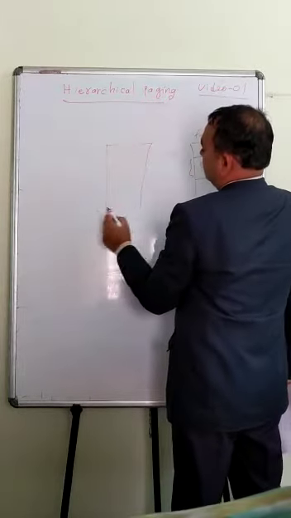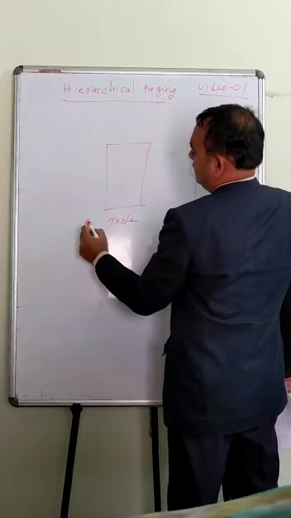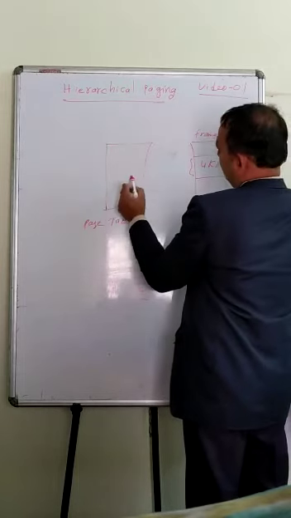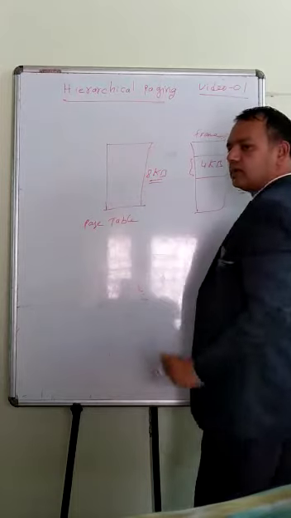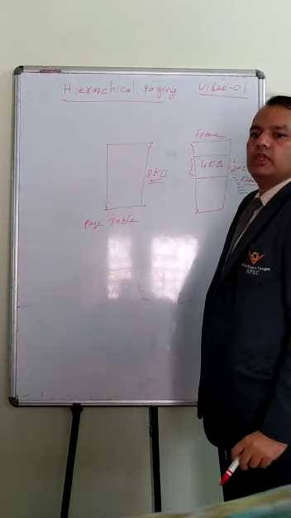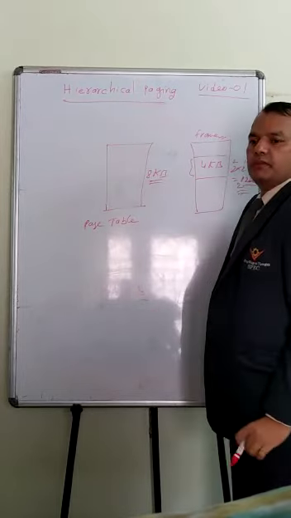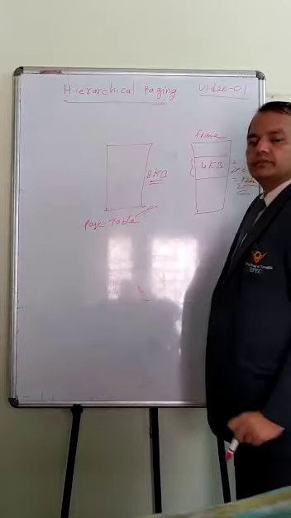Suppose your page table size is 8 KB. This 8 KB you cannot fit into a single frame. This entire table cannot fit into a single frame.